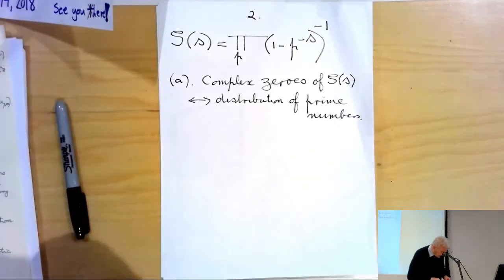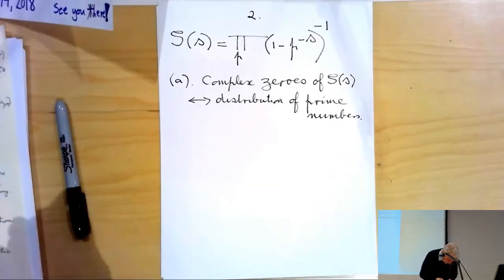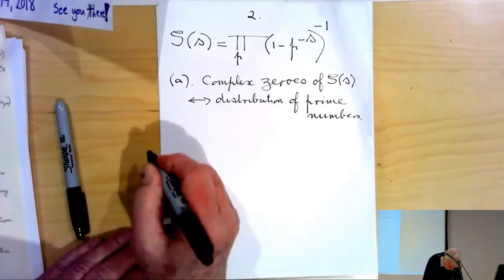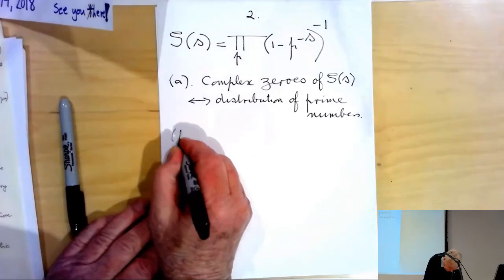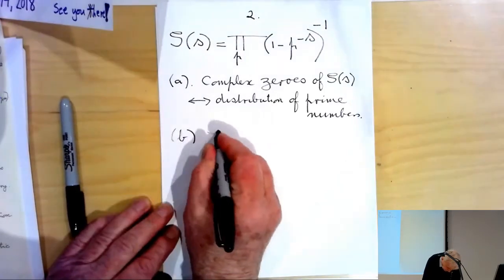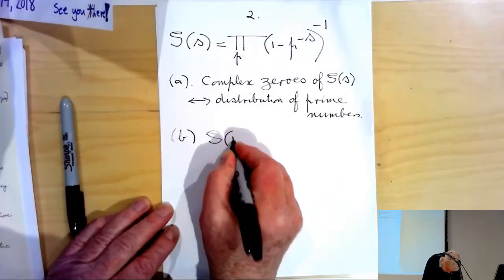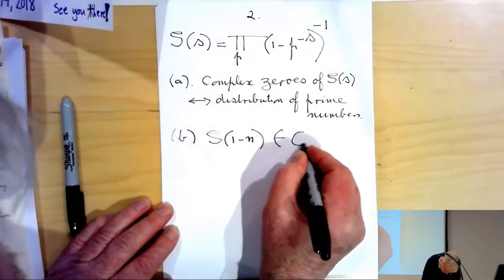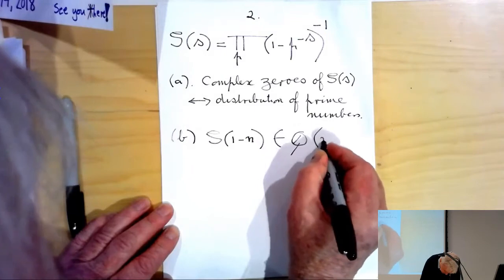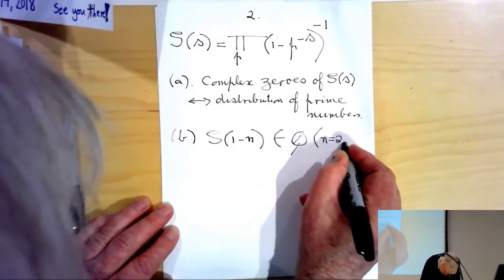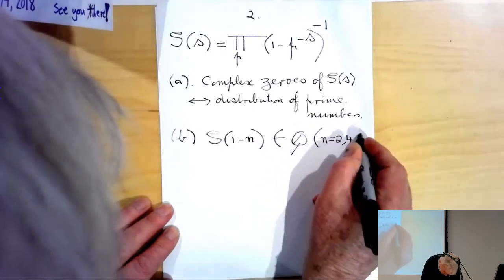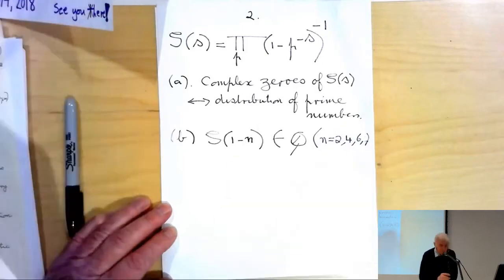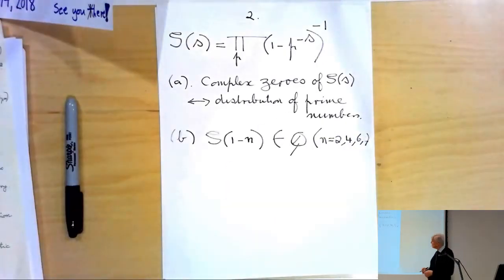But there's a second side which I want to mention now, and it's tied up with the fact that the values of the Riemann zeta function at the odd negative integers are rational. This is for n equals 2, 4, 6, and so on. These are rational numbers.